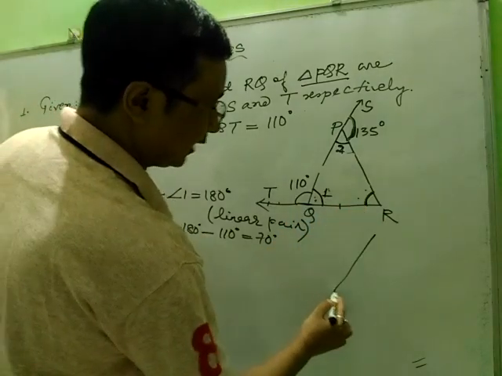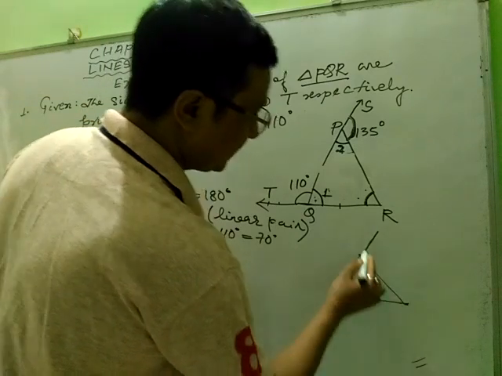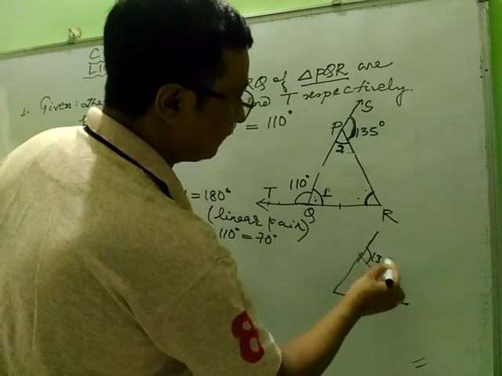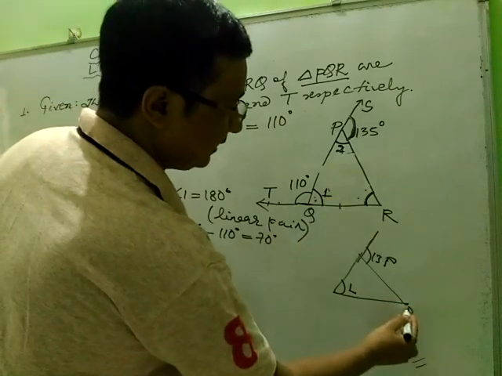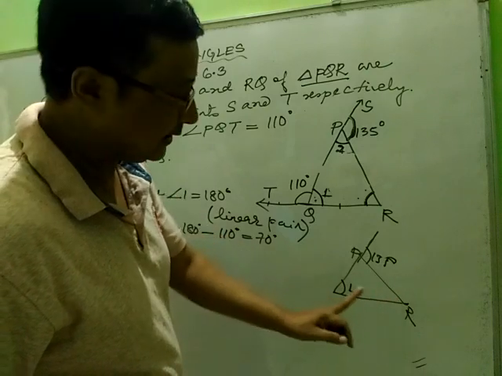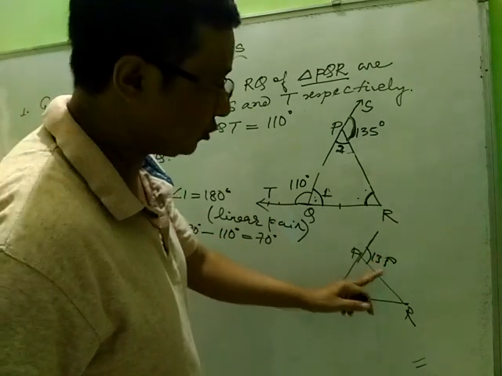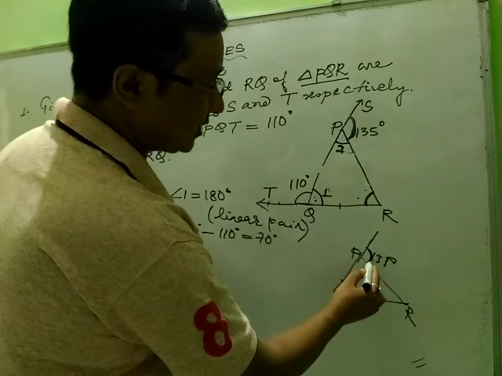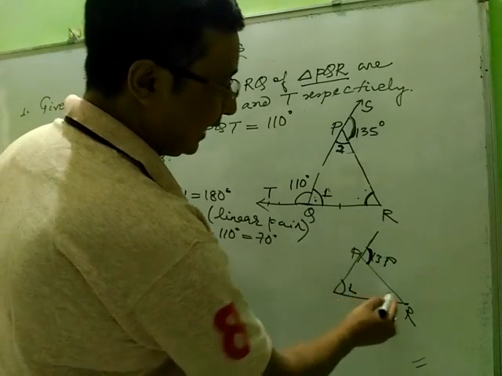Supposing this is the triangle and you have just produced this, here you got 135, here it is angle 1, and here you got R. So now the sum of the two interior angles equals the exterior angle.